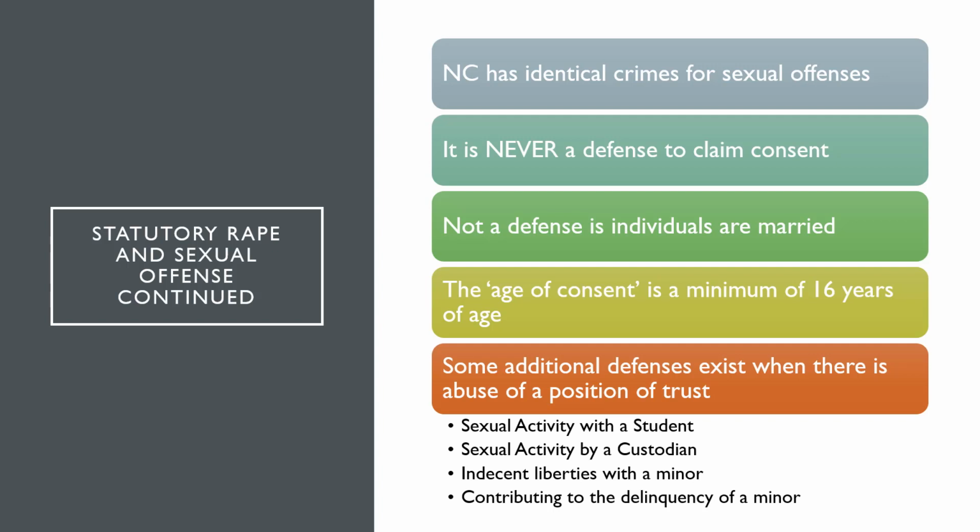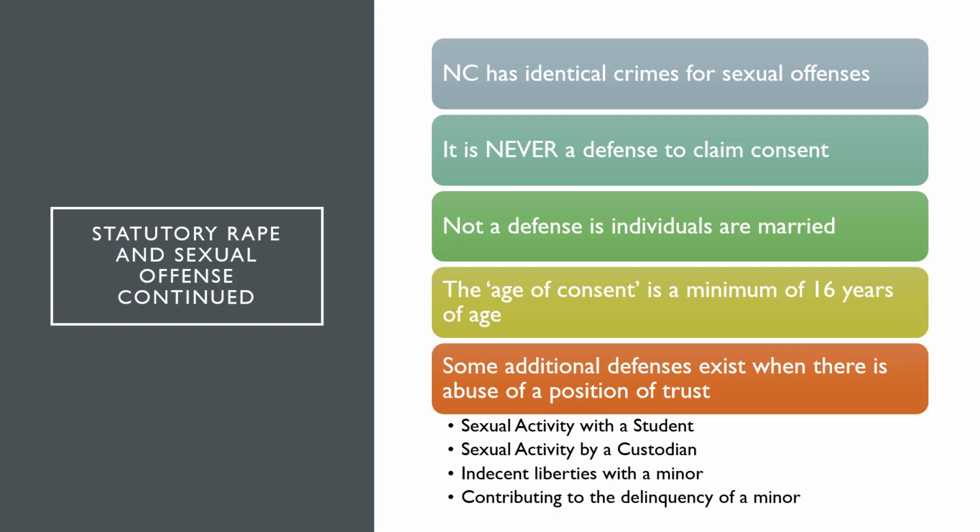We have first-degree statutory rape, first-degree statutory sexual offense. Second-degree rape, second-degree statutory sexual offense. It's never a defense to claim consent. It's not a defense for a 30-year-old predator to say, well, yeah, she was 15, but she consented to the sexual relation.